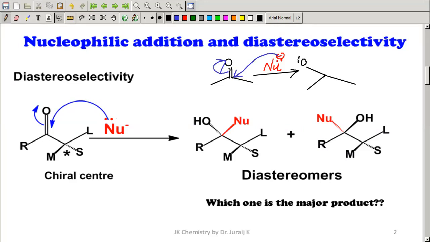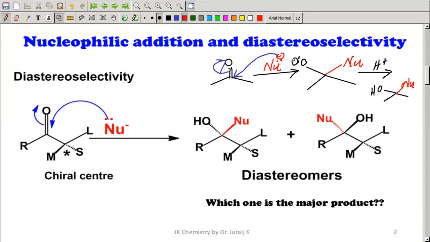Here it is O minus, and your nucleophile comes to this position. So this is the picture. After protonation, you will get this OH, and you will end up with this product with the nucleophile here. Here there is no meaning for stereochemistry. Here we are representing relative stereochemistry.